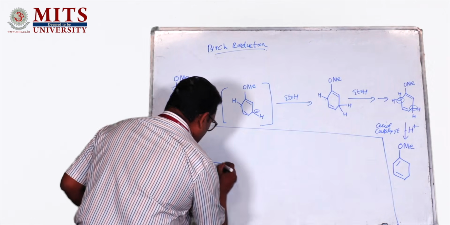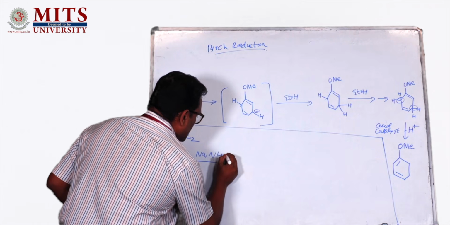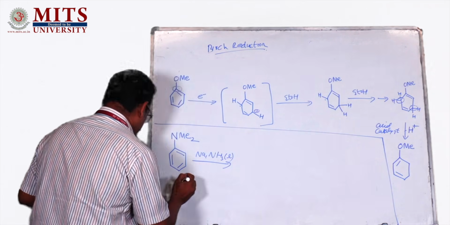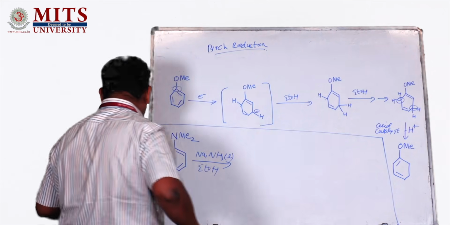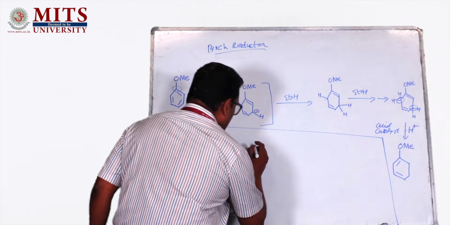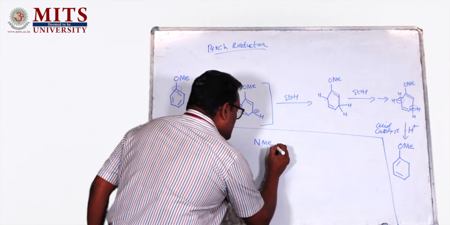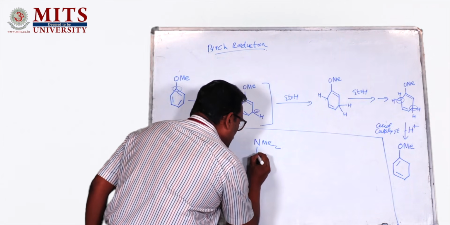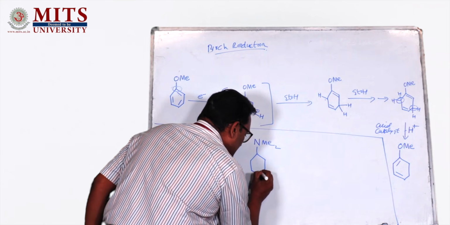If you perform Birch reduction with sodium in liquid ammonia and ethanol, you will directly get the conjugated diene as your product without adding acid catalyst.